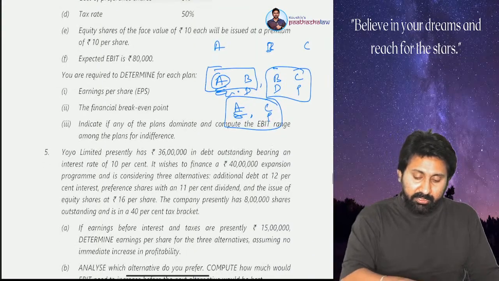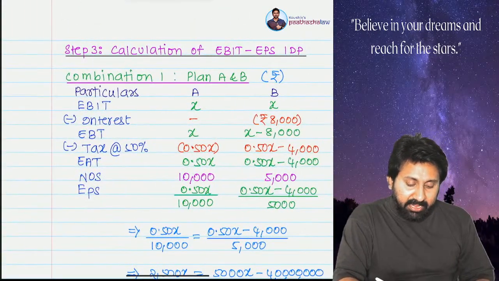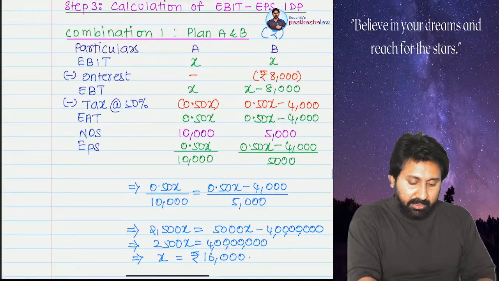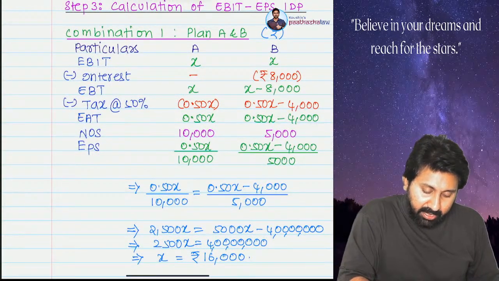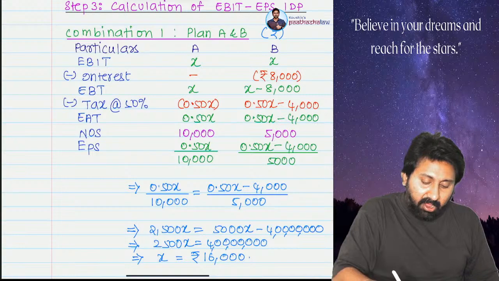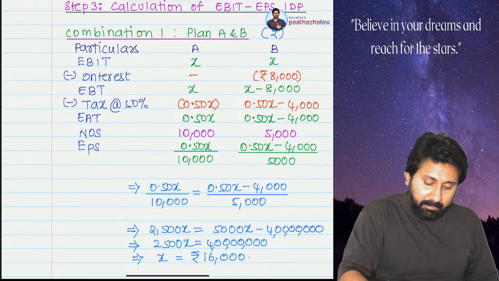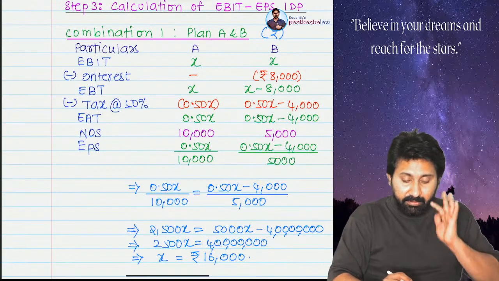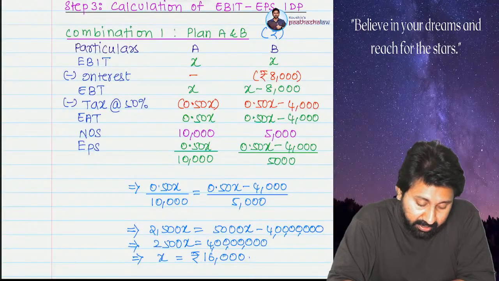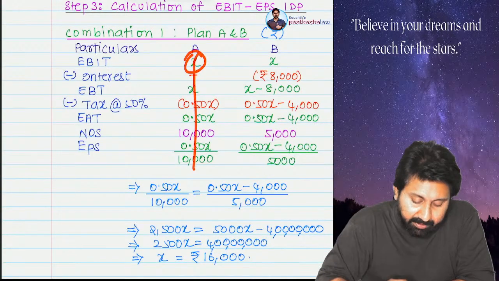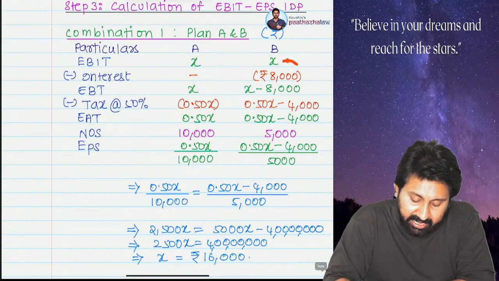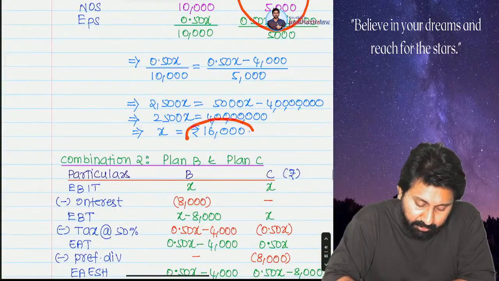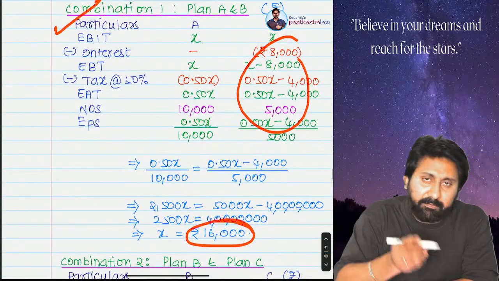Plan A and B. A is all equity, and B will be debt and equity. Same calculation; in the second case, debt will be there. If you equate, it came to 16,000, like the previous questions.